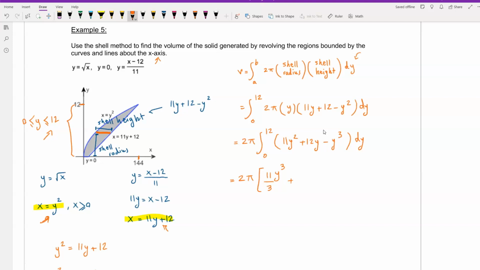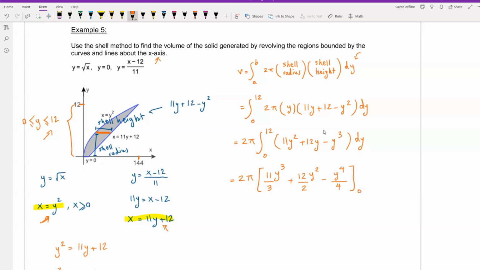plus, here on this part we have 12, power is 1, so 1 plus 1, we're going to have 2, so I'm going to write down steps. So I have 12 y squared divided by 2, but here we can simplify. Minus y to the 4th power divided by 4.